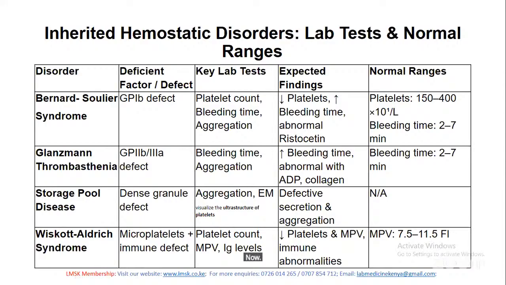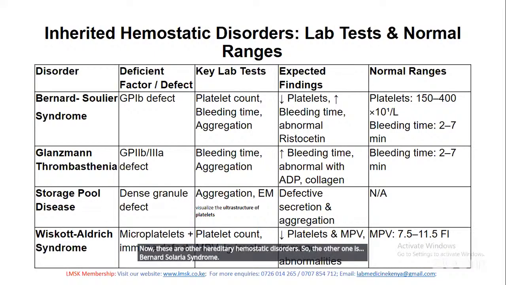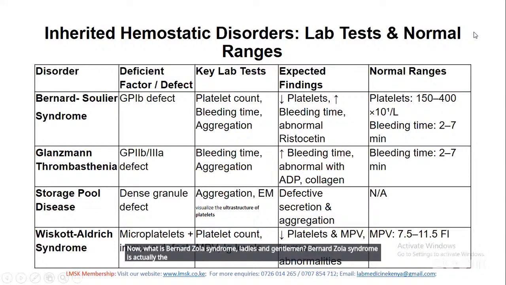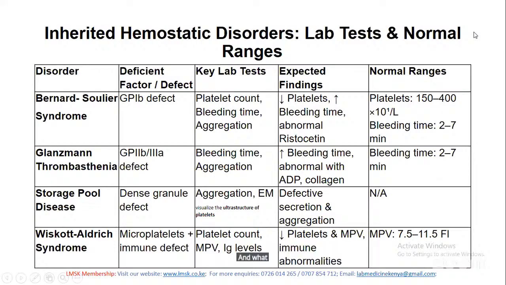Now, these are other hereditary hemostatic disorders. So the other one is Bernard-Soulier syndrome. Now, what is Bernard-Soulier syndrome, ladies and gentlemen? Bernard-Soulier syndrome is actually the deficiency of glycoprotein Ib. And what did we say glycoprotein Ib is? It is a surface expressed protein on the platelets.